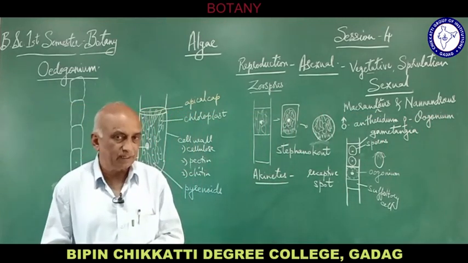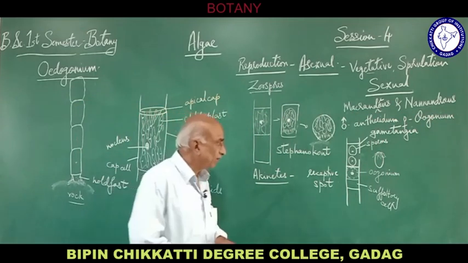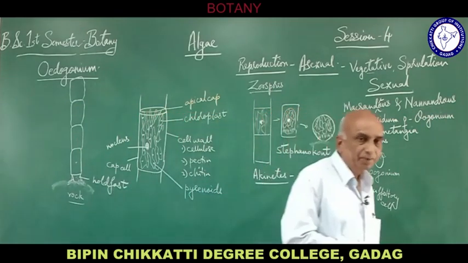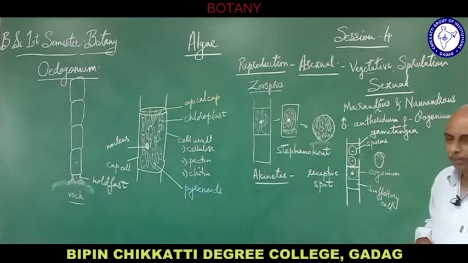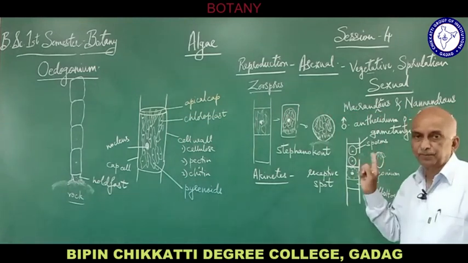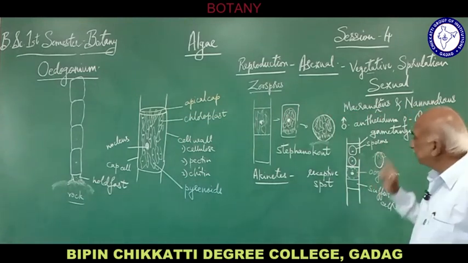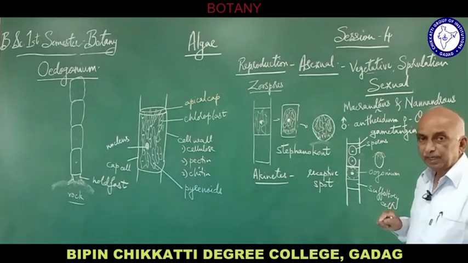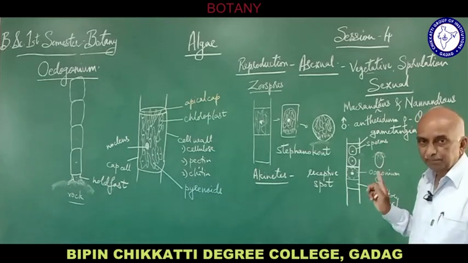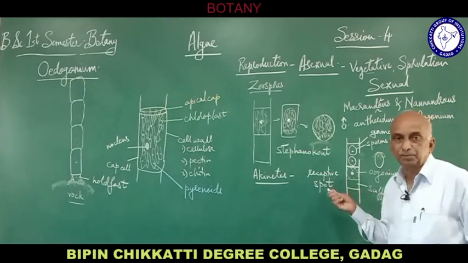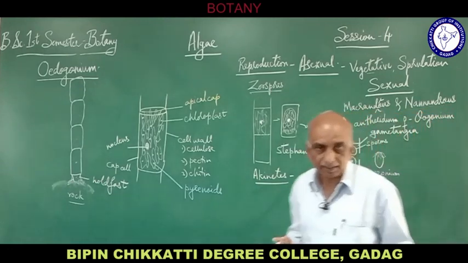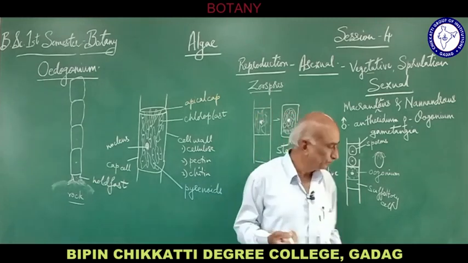The sperms are motile due to the presence of flagella. The egg or the ovum is non-motile. It is present within the oogonium itself. But the sperms will come out from the male gametangia, the anthridium, and move freely in the surrounding medium. The egg in the oogonium does not move out because it is non-motile. It does not possess any flagella.